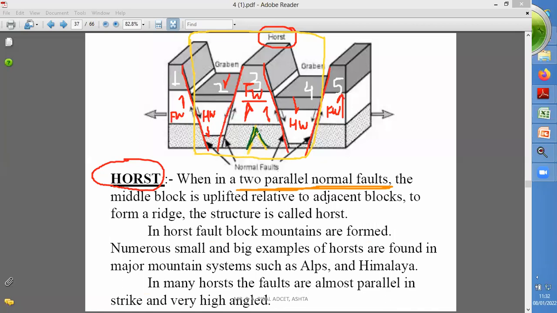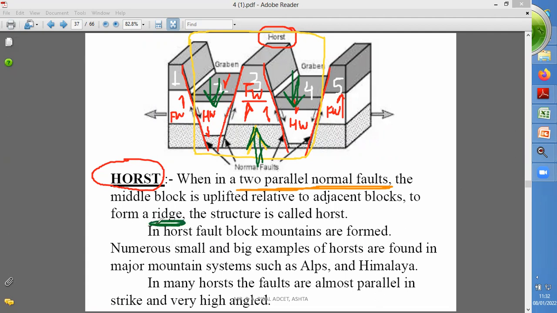So here this middle block moves in the upward direction and the adjacent two blocks move in the downward direction. Such a type of arrangement is there where the middle block moves upward and the two adjacent blocks move downward. That time it forms a ridge.